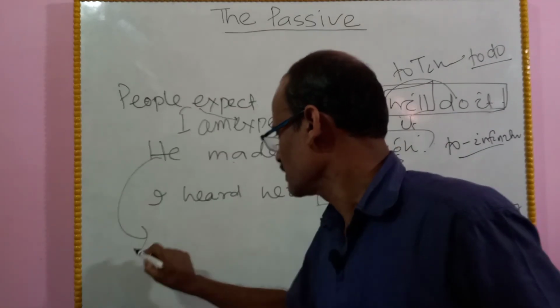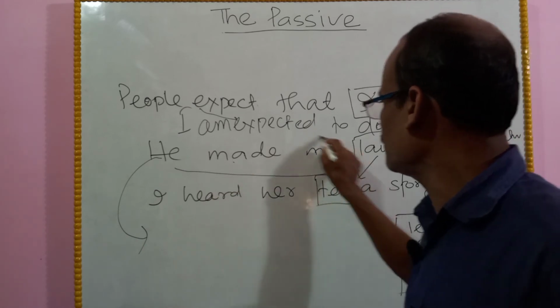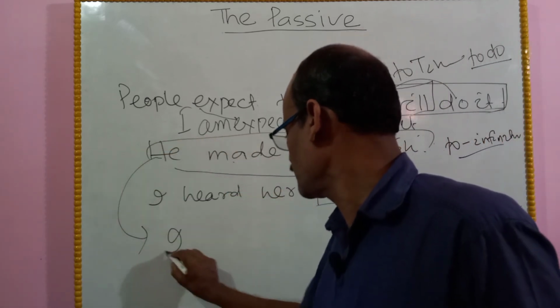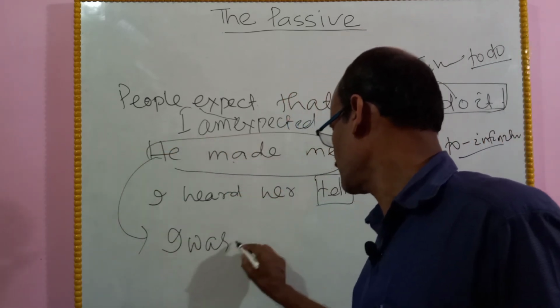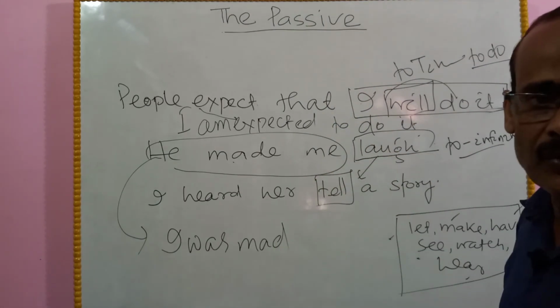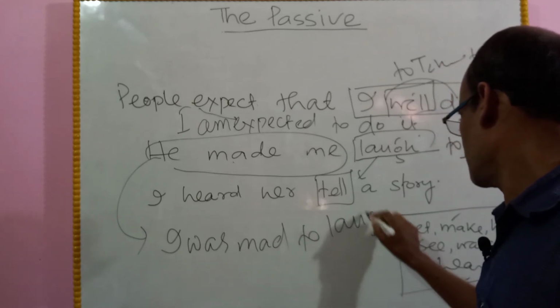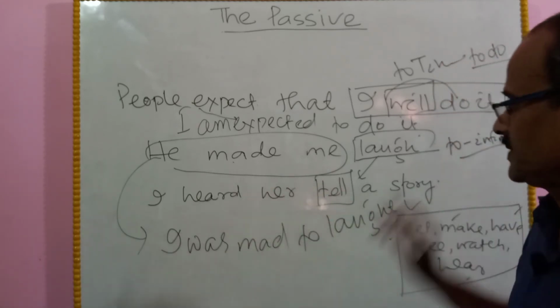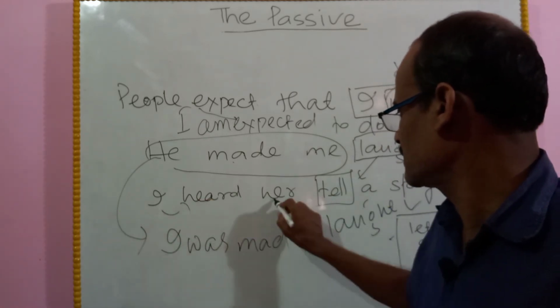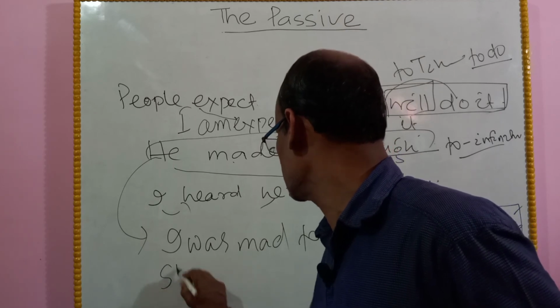The non-finite changes to infinitive, following the general rule. He made me: I was made. The non-finite changes to infinitive, to laugh. This is our passive. In the second case, "her" is used as a subject, she.